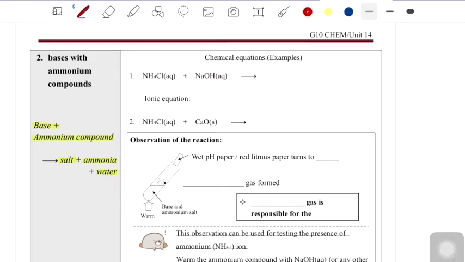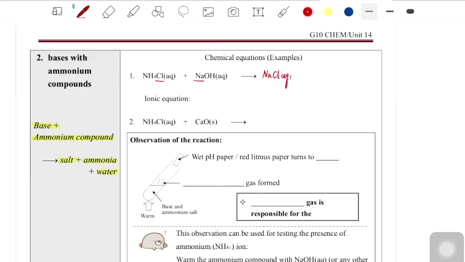According to the general word equation, it would form a salt. The salt would have the cation from the hydroxide and the anion from the ammonium compound. So it will be sodium chloride. Sodium chloride, a group 1 salt, is soluble.